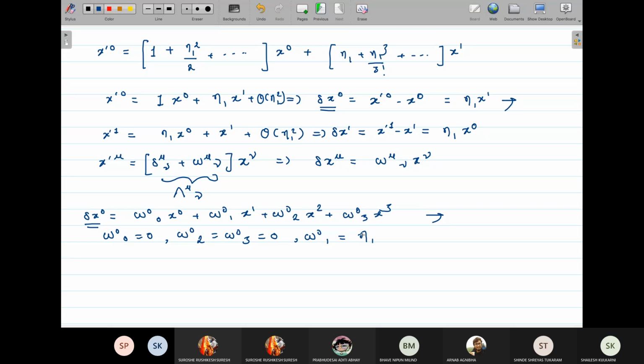Agree? So in this notation only your omega 0 1 is non-zero. The rest of the omegas whose first index is 0 will be zero: omega 0 0 is 0, omega 0 2 is 0, omega 0 3 is 0, and omega 0 1 is eta 1.